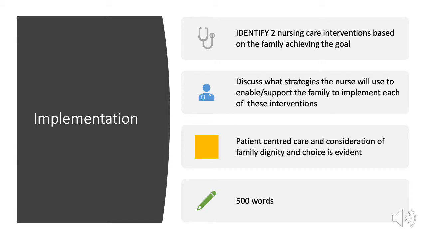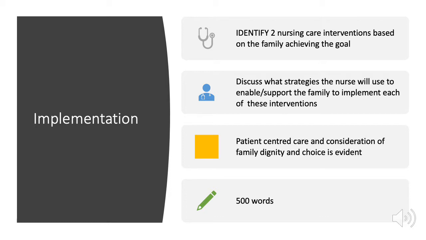Okay, so the implementation part of this assignment. We want you to identify 2 nursing care interventions based on your family achieving the goal that you've previously identified.